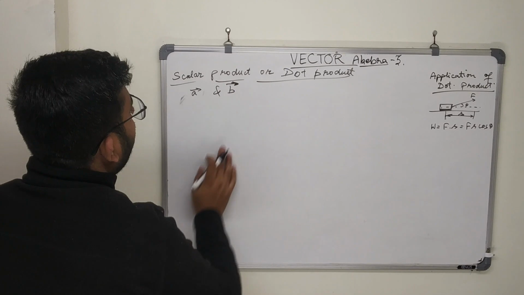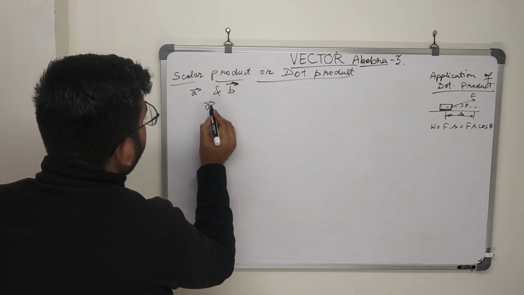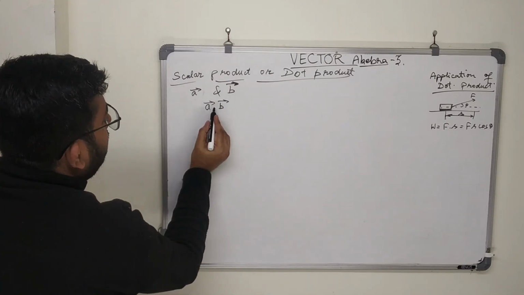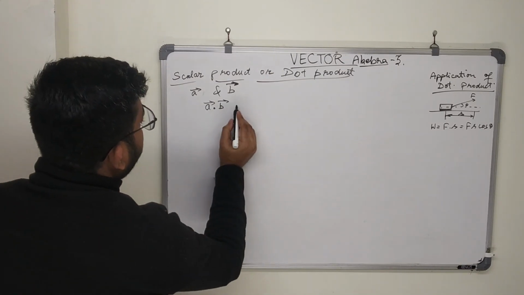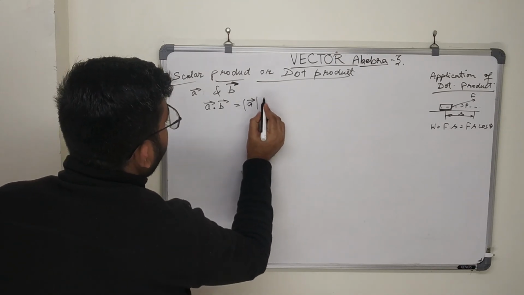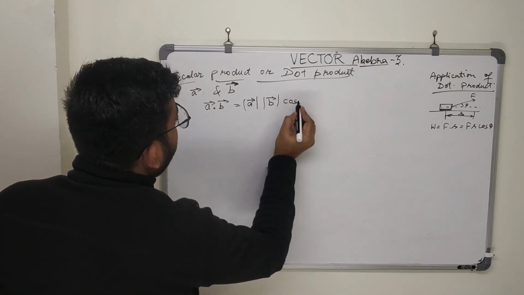So the dot product of A vector and B vector will be, that is A vector dot B vector. It is represented by a dot in between both the vectors. This is equal to magnitude of A vector into magnitude of B vector into cos of theta.